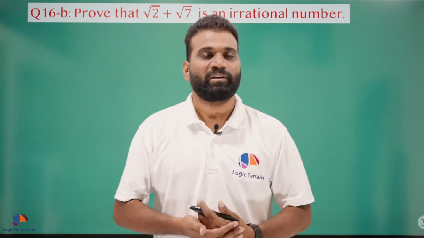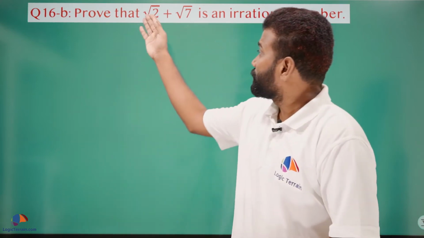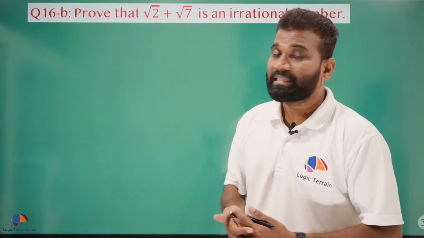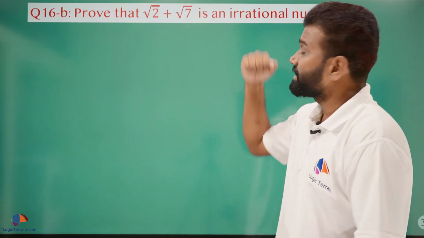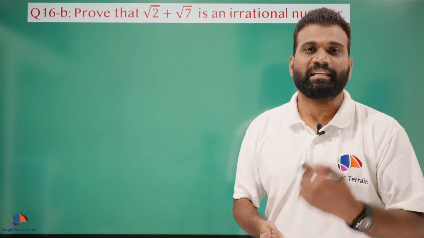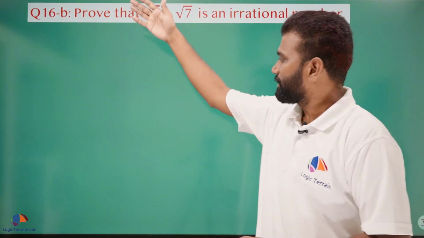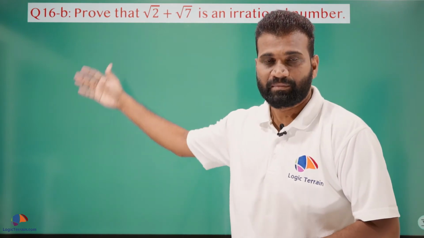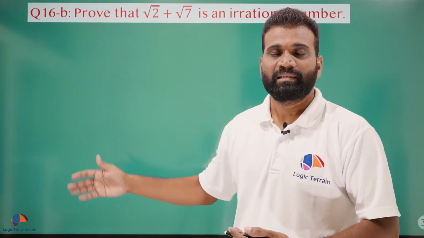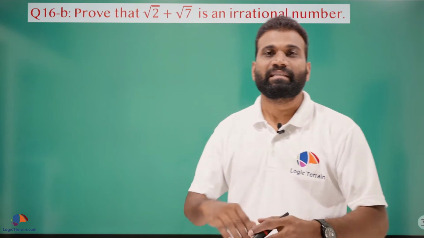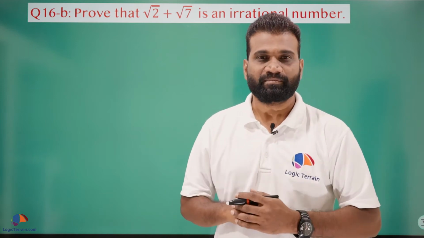So here also we follow the same way. We assume the given thing is a rational number, which is not irrational. Then we follow a certain process, and somewhere we end up with a contradiction.